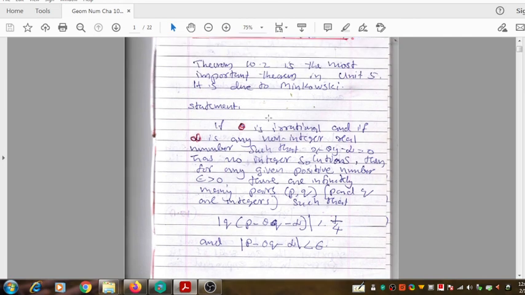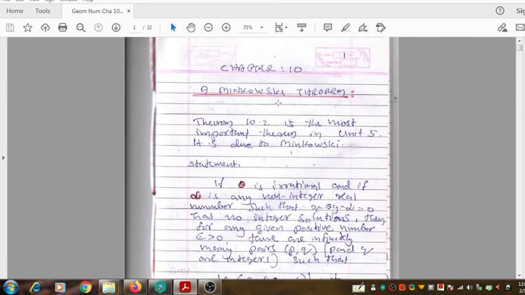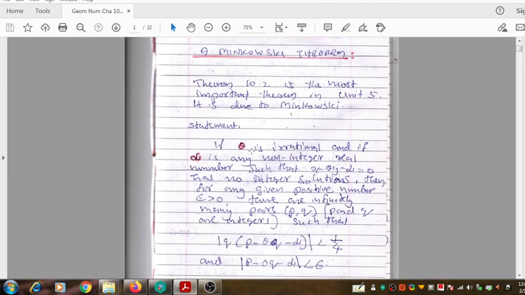Actually, the aim of this theorem is to find an approximate value for the irrational number.